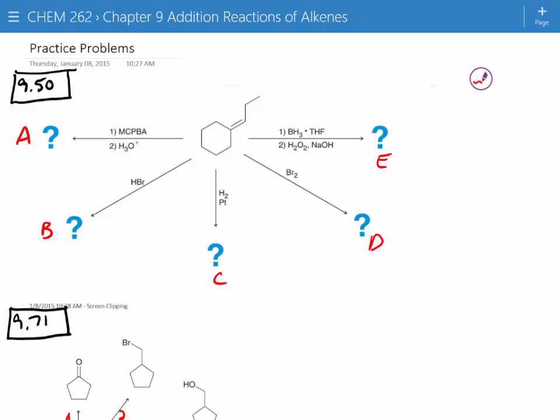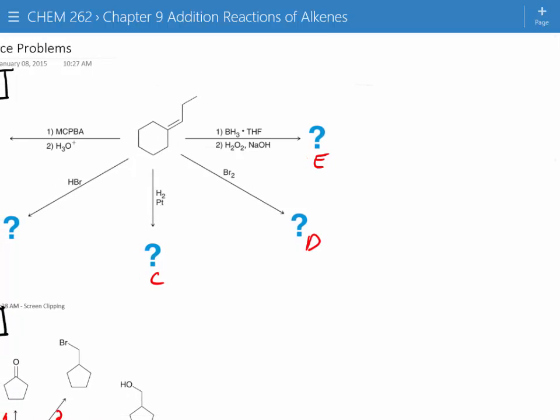All right, raise your hand if you got A already. All right, let's write A down really quick just so we're all on the same page. So for A, you'll get two products. They'll be enantiomers to one another. You've got one where it's OH going up.